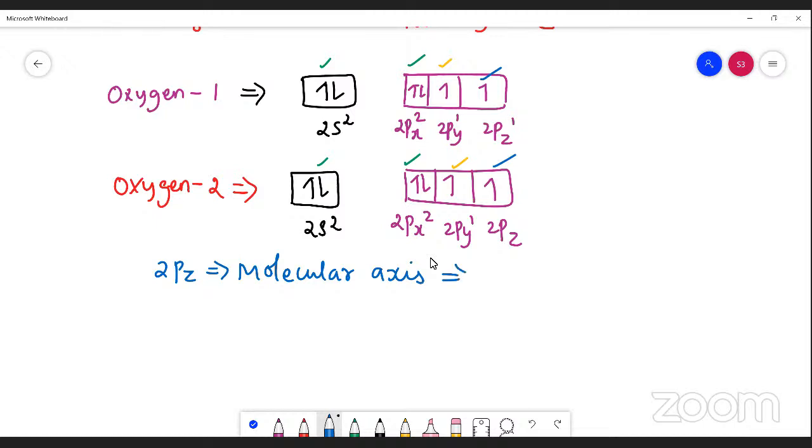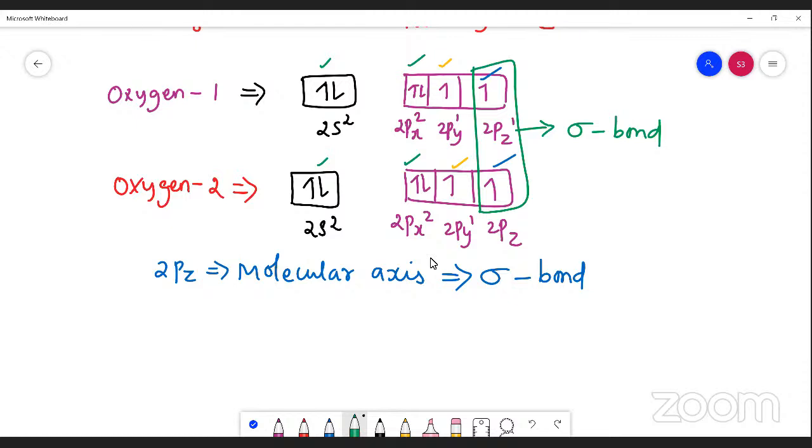And this forms a sigma bond. So the 2pz1 electron of the first oxygen atomic orbital should overlap with the 2pz orbital of the second oxygen atom, and this overlapping will give rise to only a sigma bond.